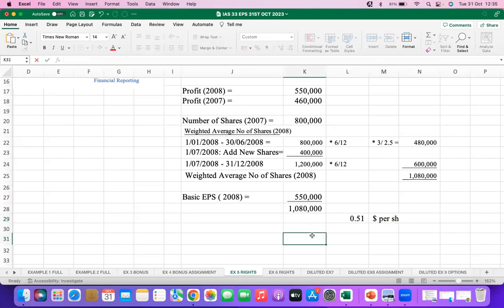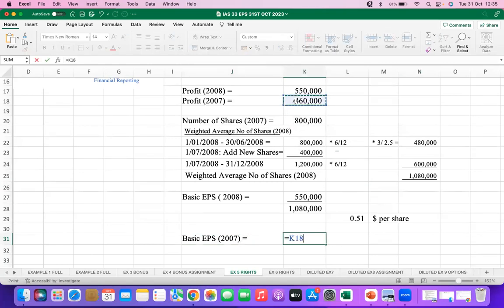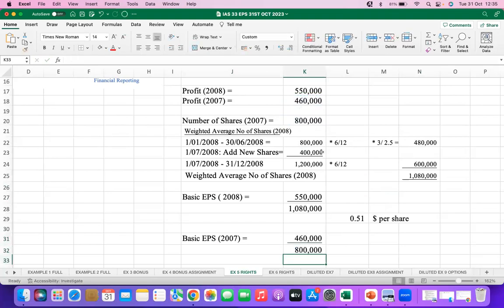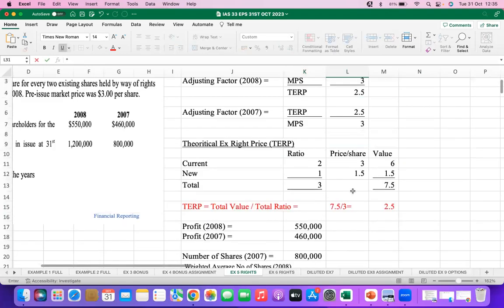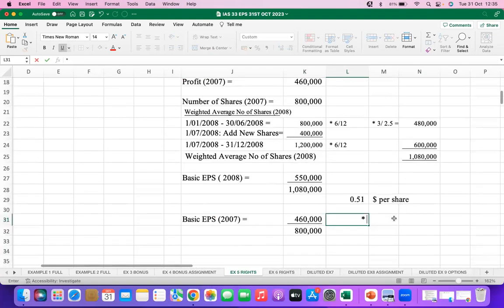And here, next we have basic EPS in 2007. This is our final calculation. So our profit in 2007 is 460 and our number of shares in 2007 is 800. And then you multiply by the adjusting factor of the previous year, 2.5 divided by 3.